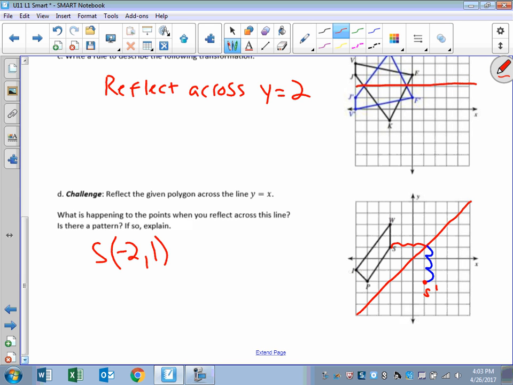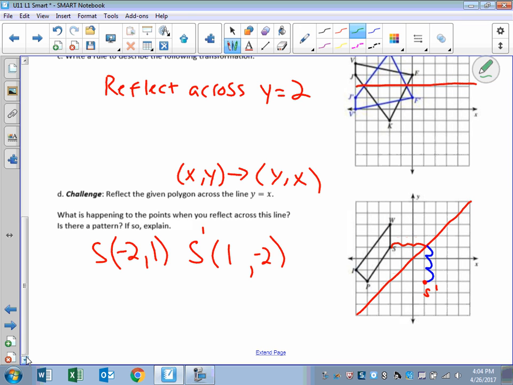Okay. Now, I'm sure you'll notice this trick. If we ask what the coordinates of S prime are, we can see that it's (1, -2). So if you notice that for a y = x line, the rule is whatever your x and y are, they just switch. So if you remember that, you don't even have to plot them.